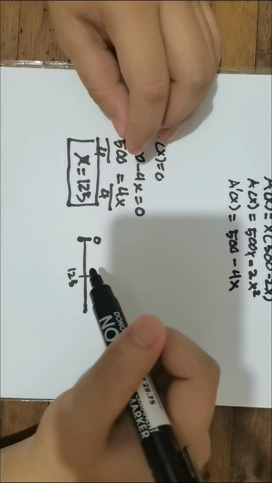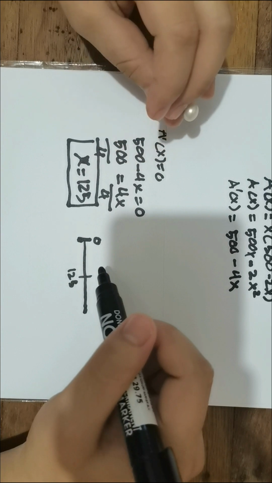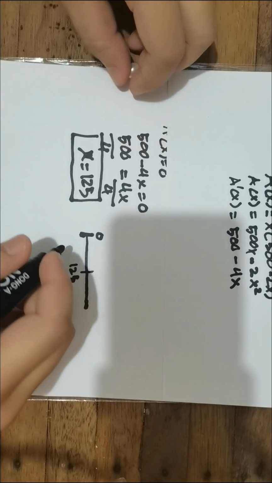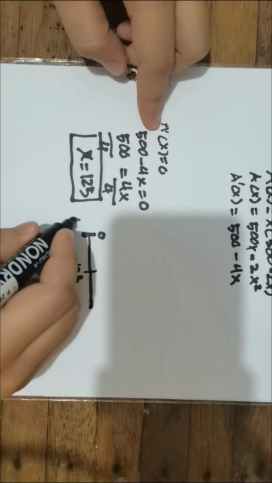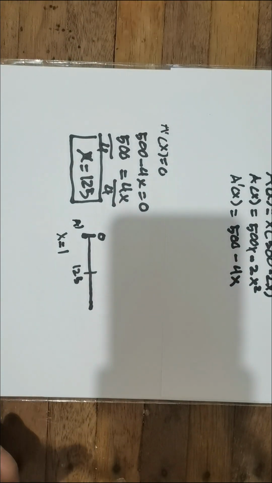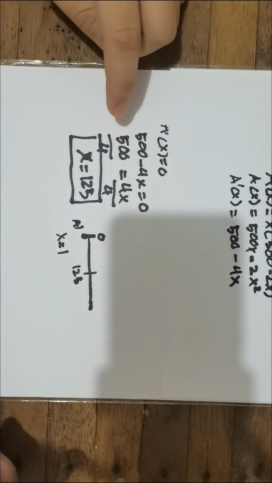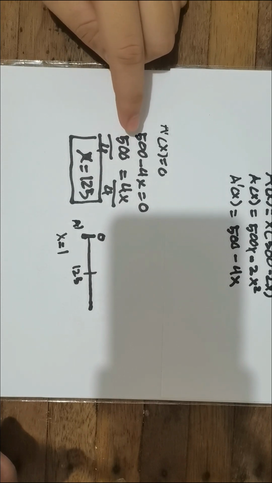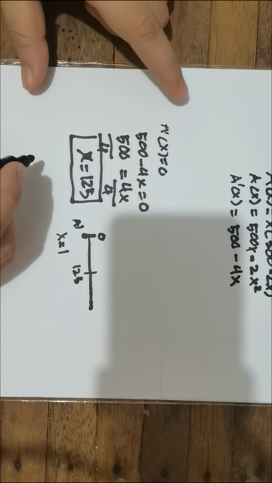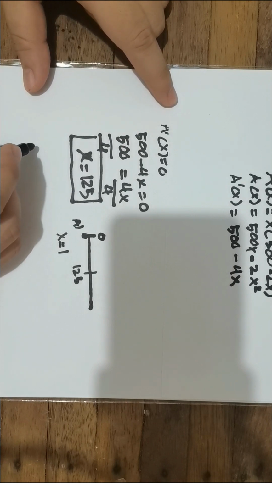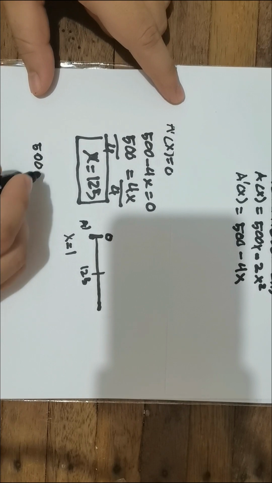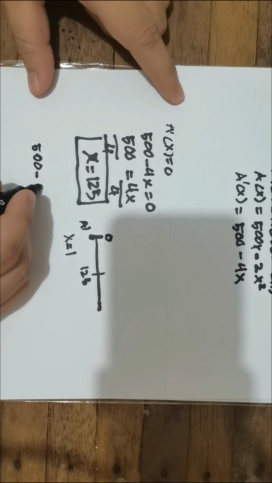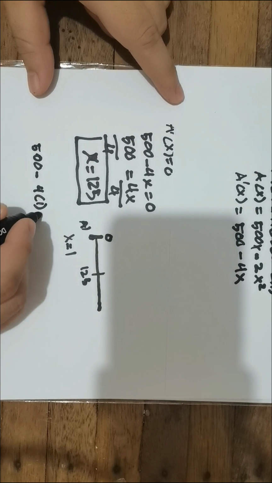Now, like I said, I'm going to choose from 0 to 125. Let's say I'm going to use x equals 1 in this derivative. The given is 500 minus 4x. So let's try this: 500 minus 4 times 1.